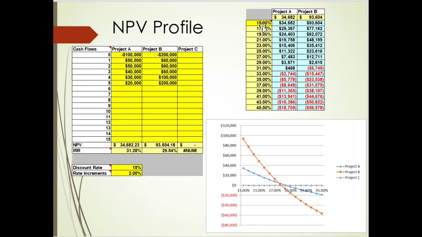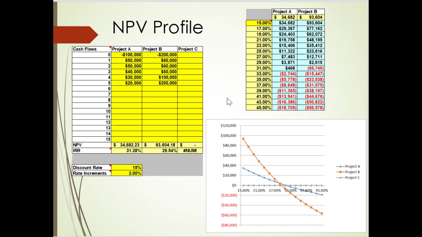So we started off at 15% here and worked our way down. And you can see that as the discount rate increases, the value of the project itself decreases. The net present value decreases. So as discount rate goes up, value goes down.